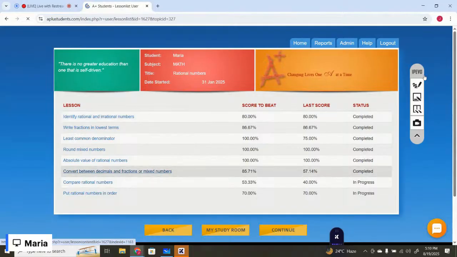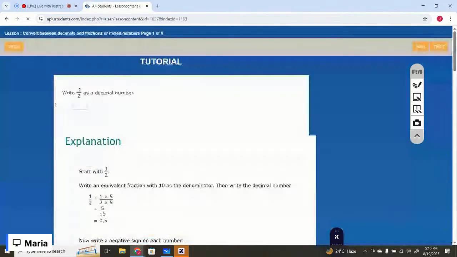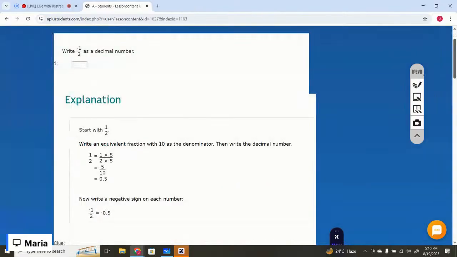Convert between decimals and fractions or mixed numbers. What is negative 1 by 2 as a decimal number? So we need to write the fraction as a decimal. For negative 1 by 2, we need to make the denominator equal to 10.